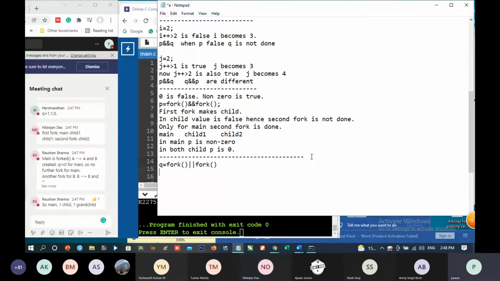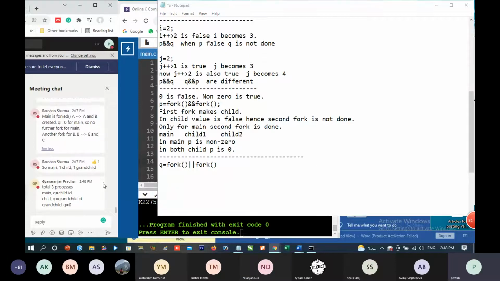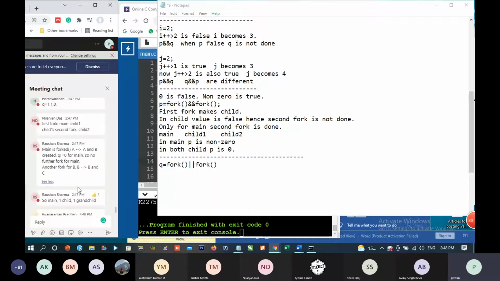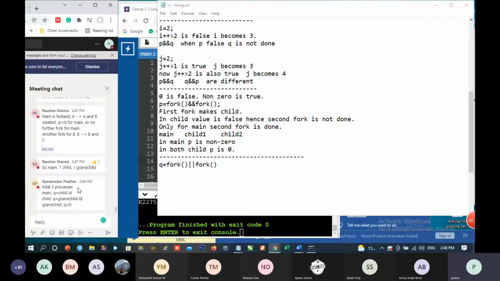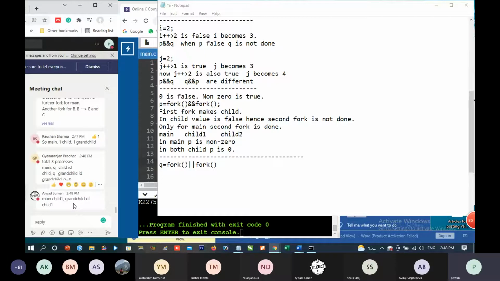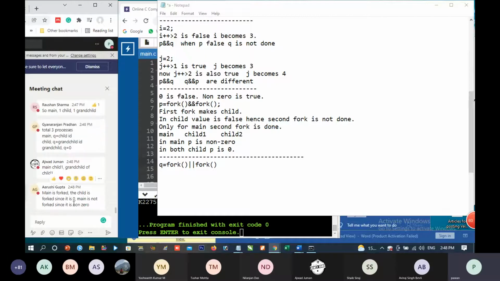Roshan, main is forked. What is C? But what are the values? Which child?